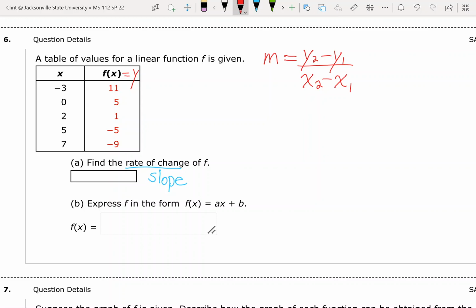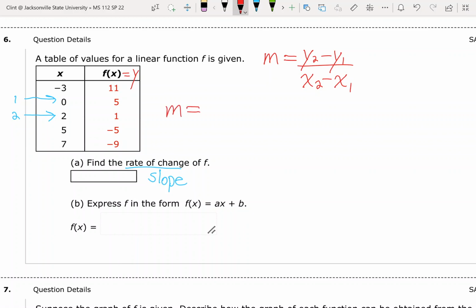So if we want to find the rate of change, or the slope, we just need to pick 2 points out of the table and use the slope formula. You can pick any 2 points you want to. I'm going to pick this one and this one, because the numbers are the smallest. I'm going to call this one point 1, this one point 2, just so I don't get confused.